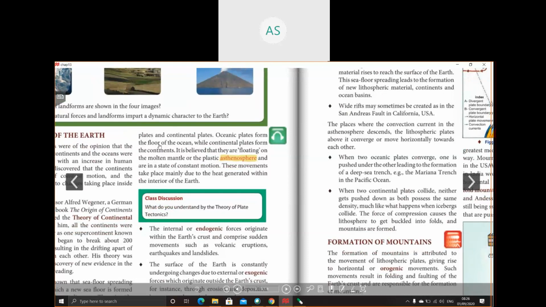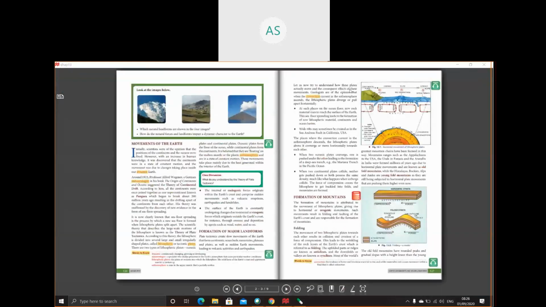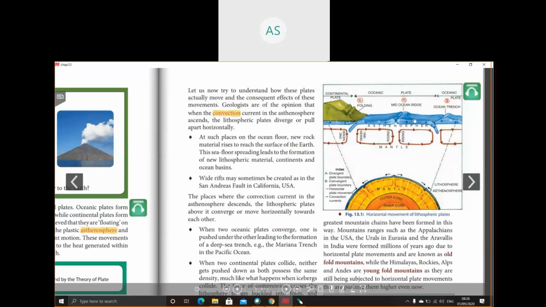Meaning, as you can see in this diagram, there is the sea floor, and beneath this, upper the mantle area, there we form an earth crust.